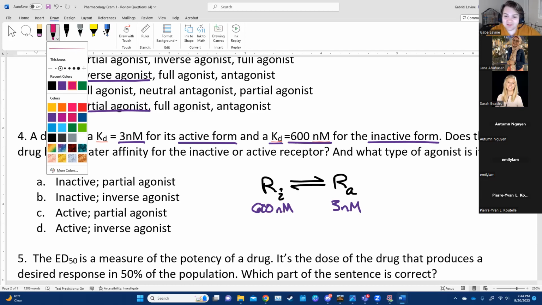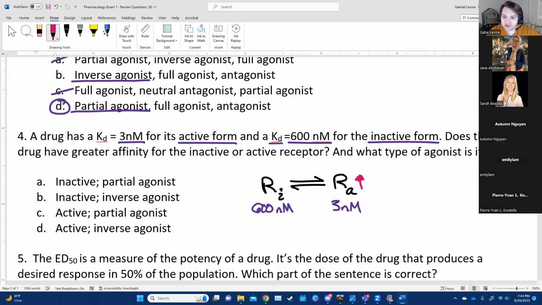Active, right? The smaller the dissociation constant, smaller Kd, the better the affinity. So we know that it is between C and D. We know it has a higher affinity for the active.